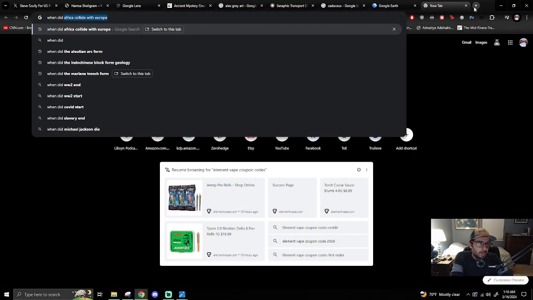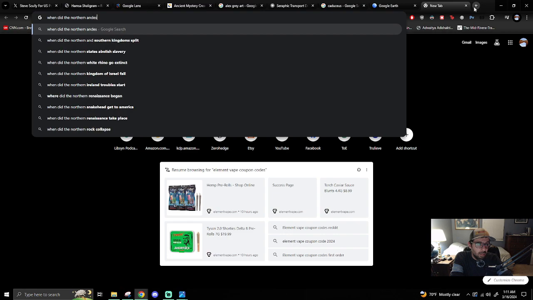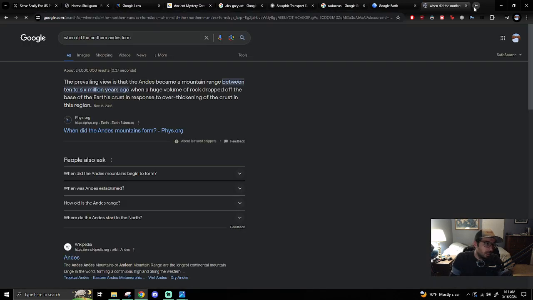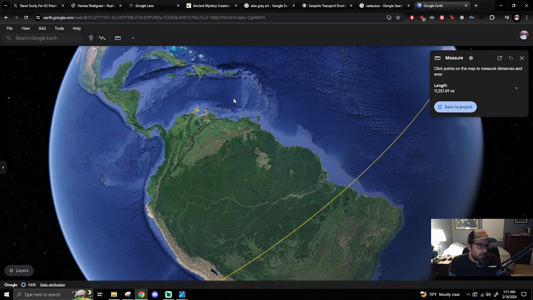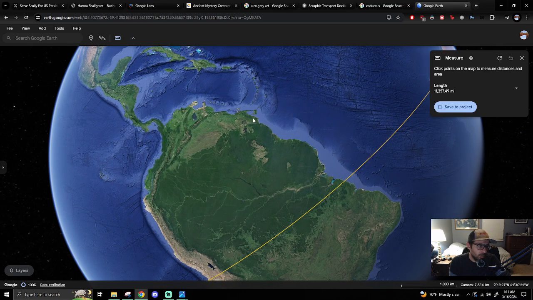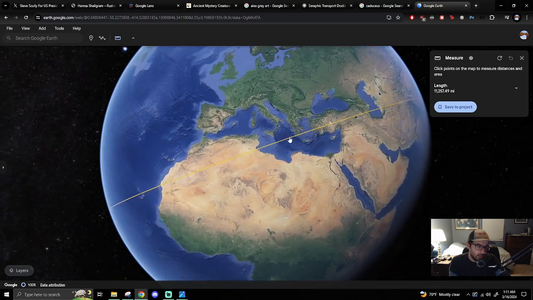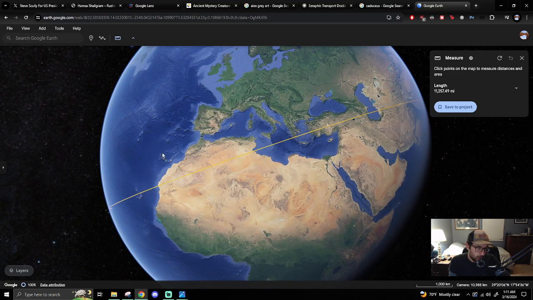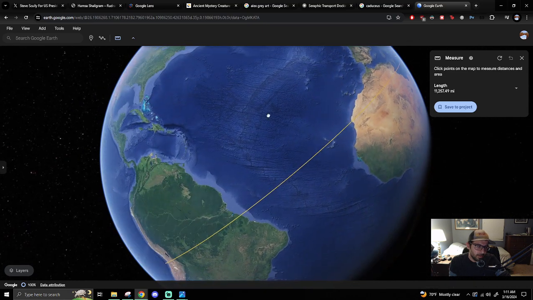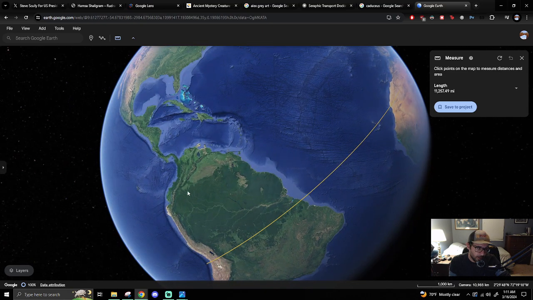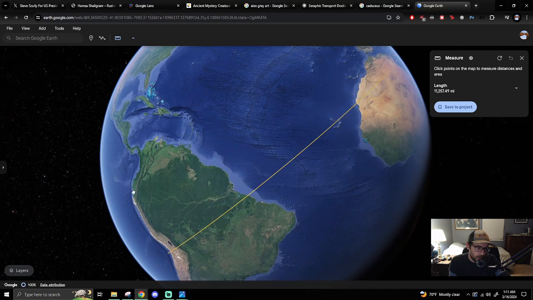I can't remember. The Northern Andes form. I know there's older than that. I know it's considered pretty young, so maybe it did have a current flow going across this way that then continued across here into this location.